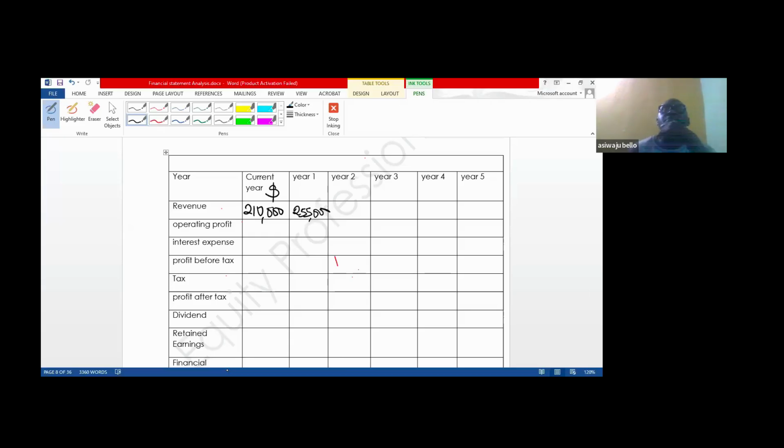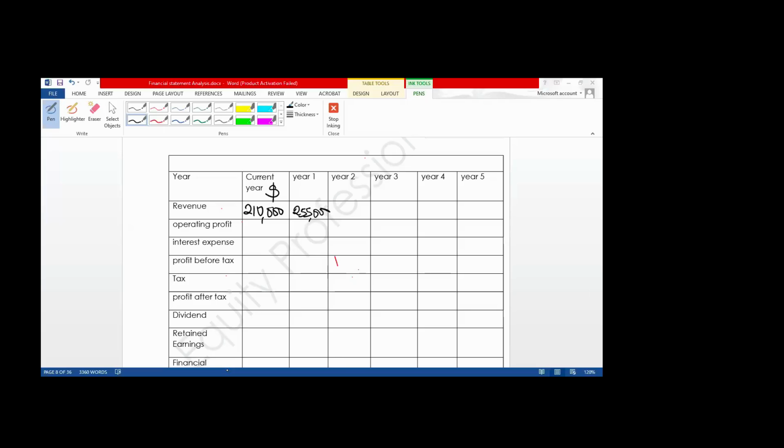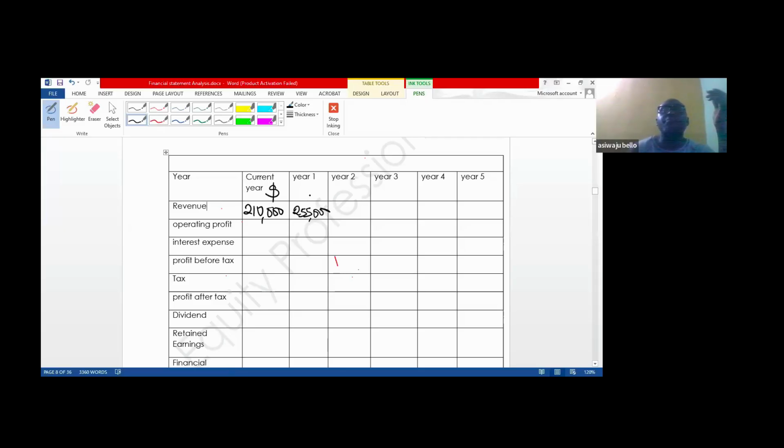Next, in year 2, $255,000 plus 45 is 300. We have $300,000.